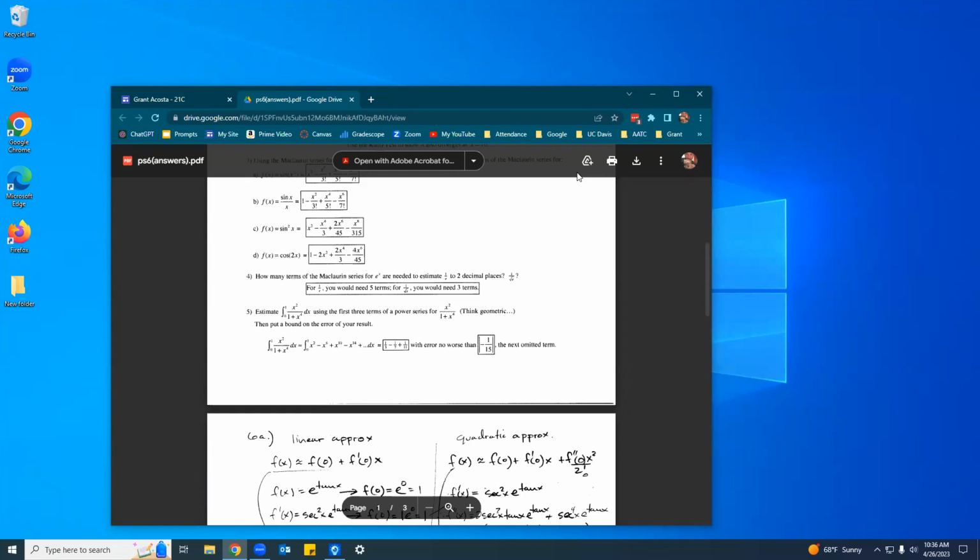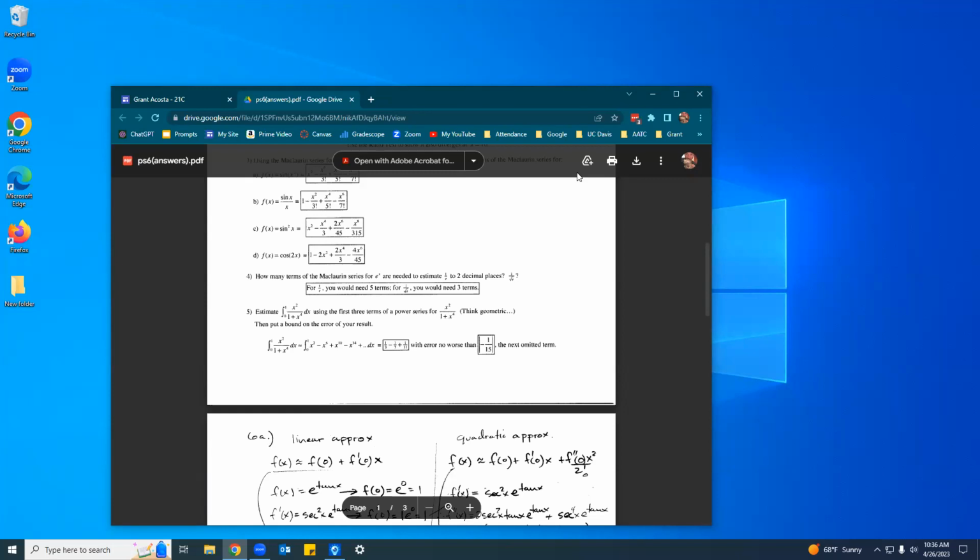And what I'm saying here is that we need 1 over n+1 factorial to be less than or equal to 0.005, which is 5 over 1,000, which is 1 over 200, if you like.